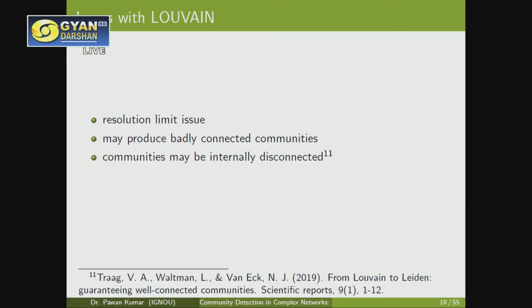It has the resolution limit problem. Resolution limit tells that any algorithm that possesses it cannot detect communities smaller than a particular size. And not only Louvain, in fact many algorithms that optimize modularity or any other kind of objective function also suffer from this resolution limit.